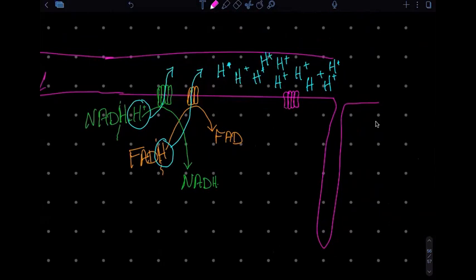So they were always going to be trying to move from the intermembrane space, where I have a very high concentration of them, to the inside of the inner membrane, where I have very low concentration of those protons. So they are trying to move in. This is what creates this high potential energy.